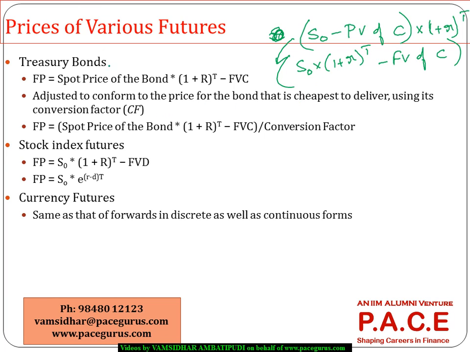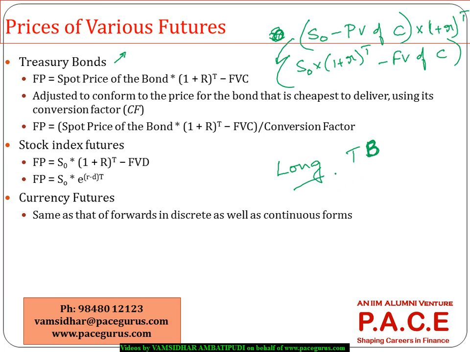But as far as the treasury bonds are concerned, imagine like this. I have got into a buying of a treasury bond. I have got into a long position on a treasury bond, which is one particular kind of bond.